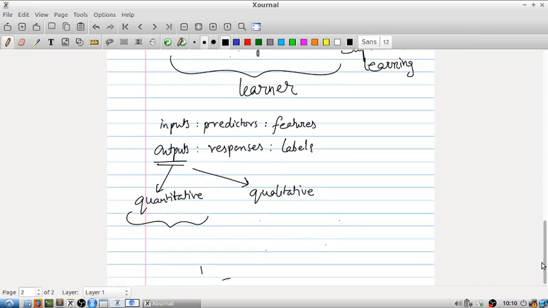Or we can just call it a process. So the process is going to be called regression. The general vocabulary is supervised learning, but if you have a quantitative output, then you call it regression, and the function itself, you can call it a regression function.